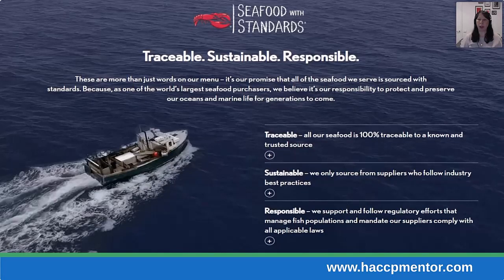You can jump on their website and see all of this, where the claim relates to the deceptive marketing and sale of Red Lobster's Maine lobster and their shrimp products as being sustainable.